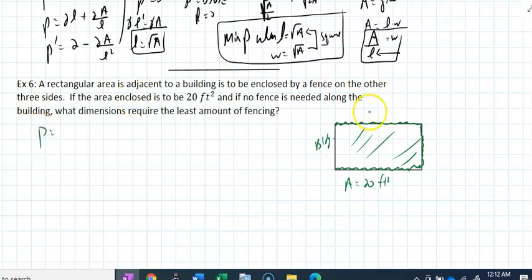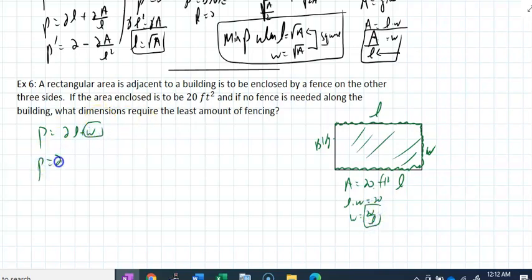The perimeter is, if you call this L, this is L, this is W. So the perimeter is 2L plus W. Again, these are two unknowns. Area is length times width. So if I get rid of W, that's 20 over L. Substitute that right there.